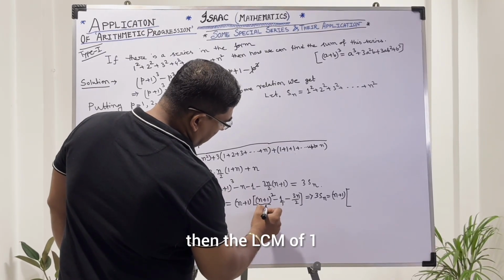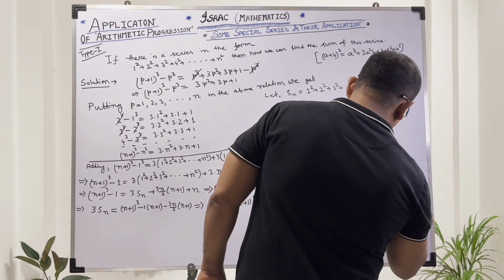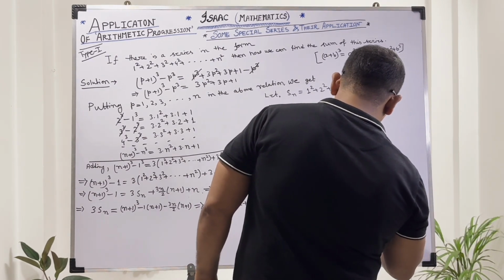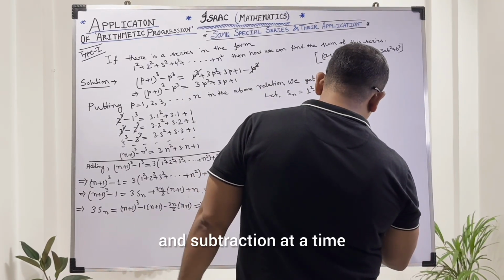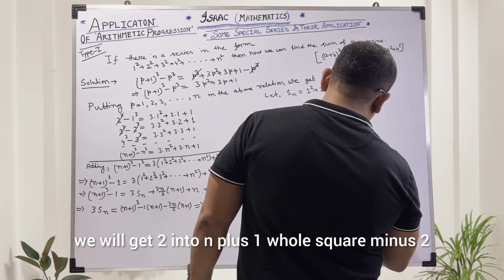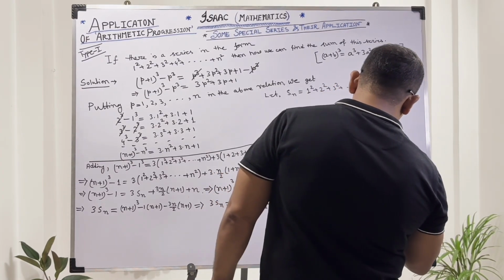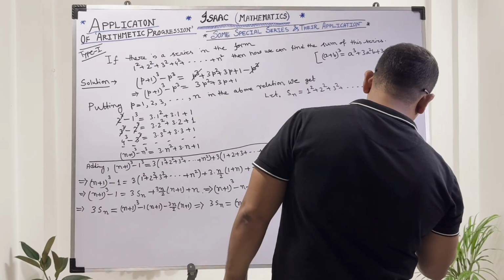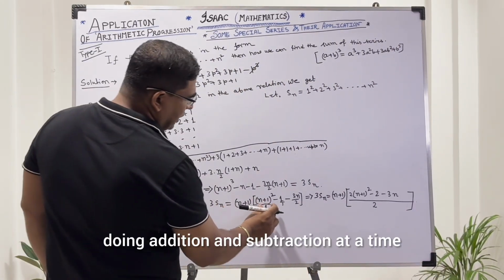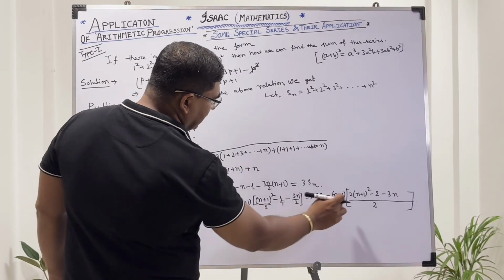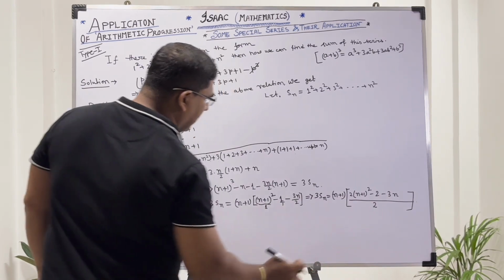Then the LCM of 1, 1 and 2 is 2. That is why we can write 2 as the LCM. And after doing addition and subtraction at a time, we will get 2 into (n plus 1) whole square minus 2 minus 3n, whole divided by 2.